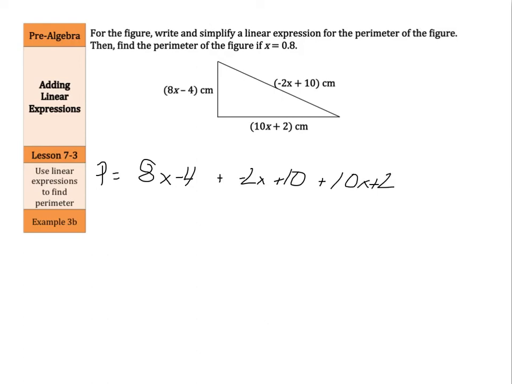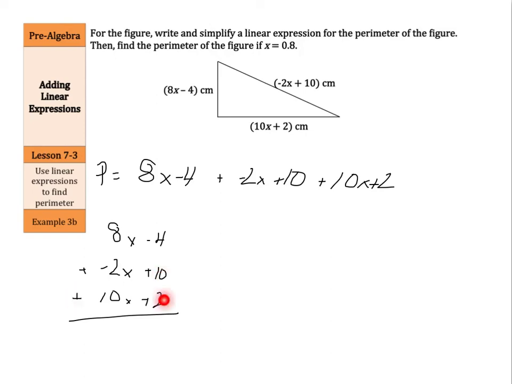Now, if we use our column method, we can rewrite this as 8x minus 4 plus a negative 2x plus 10 plus 10x plus 2. Now we have a negative 4 plus 10. Well, negative 4 plus 10 is positive 6.